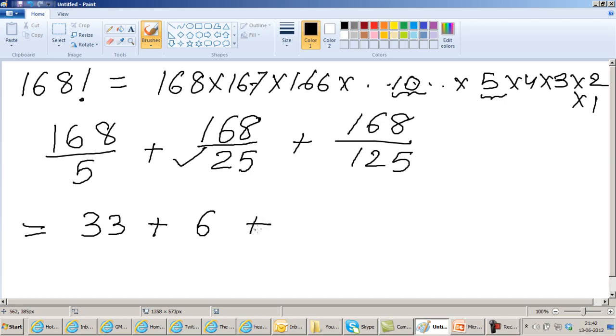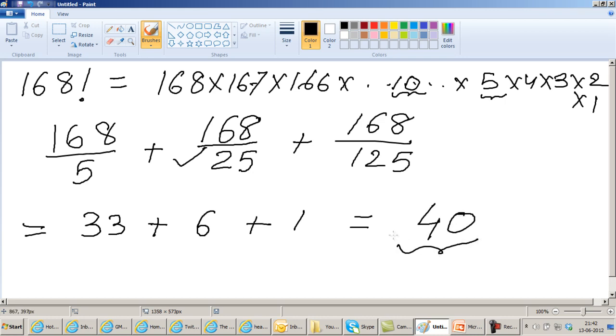And then 168 by 125 is 1. That is a quotient and the remainder would be 43, which you need not worry about. So the total number of 5s in factorial 168 would be 33 plus 6 plus 1, which comes to 40. Right?